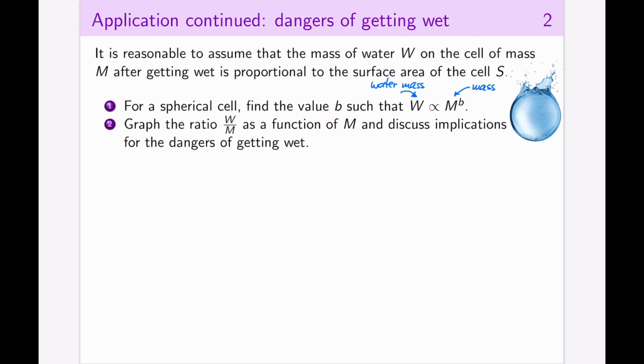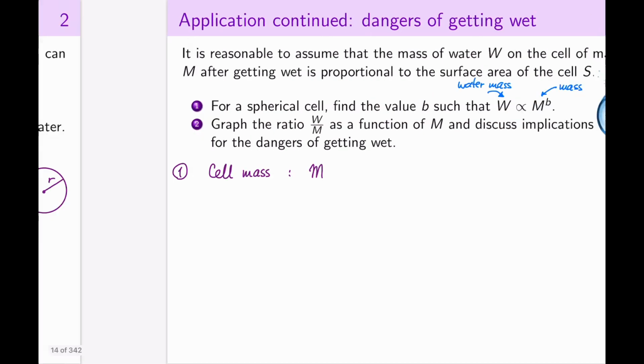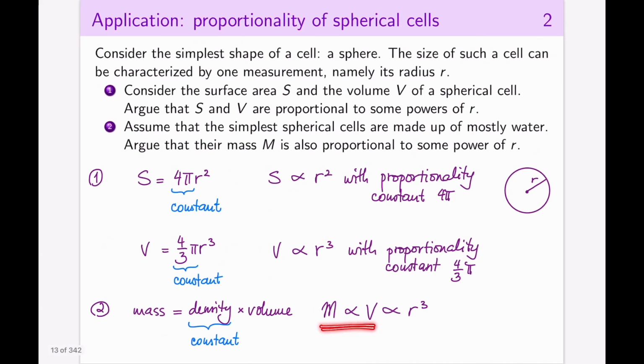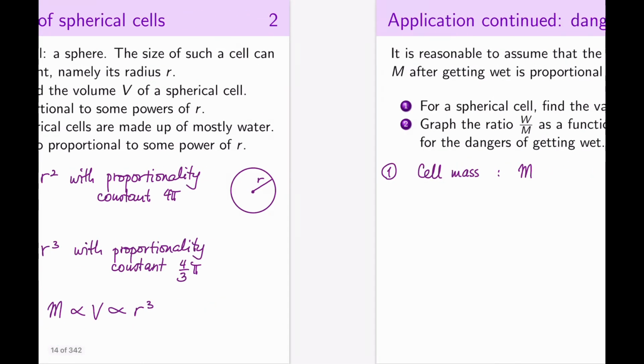Okay, so what do we have from the previous slide and from what we have here? We need to connect the cell mass to the water mass. So first of all, let's talk about the cell mass. From the slide before, we have that the mass of the cell, let's flip back to take a look at it, is proportional to its volume, which is then proportional to R cubed.